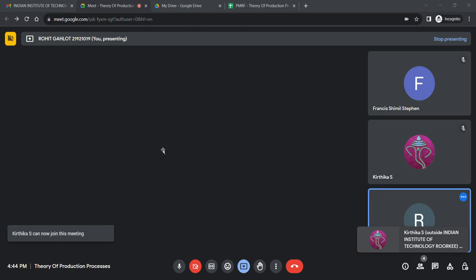But generally the basics should be clear now. Starting, we shouldn't be looking for shortcuts. Firstly we should go step by step: what is the procedure, how it is done. With practice, you can directly skip calculating the K value. You can directly write T solidification of the riser for 2 minutes divided by T solidification of the riser for 3 minutes is equal to V by A of the riser divided by V by A of that.